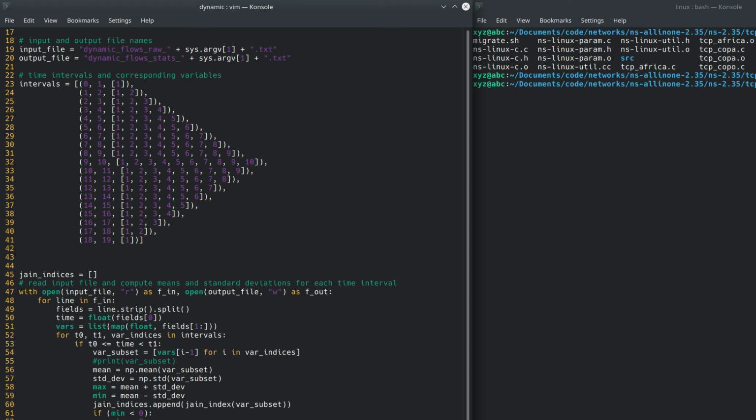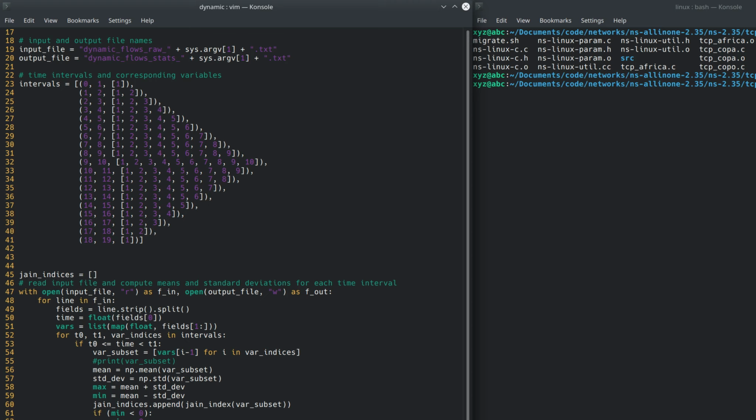And we're also going to be computing a fairness index, which is called the Jain index. The Jain index is a measure of fairness in the network, and it ranges from 0 to 1. A value close to 0 means that the allocation is not fair, whereas a value close to 1 means that the allocation of flows is very good, is fair.